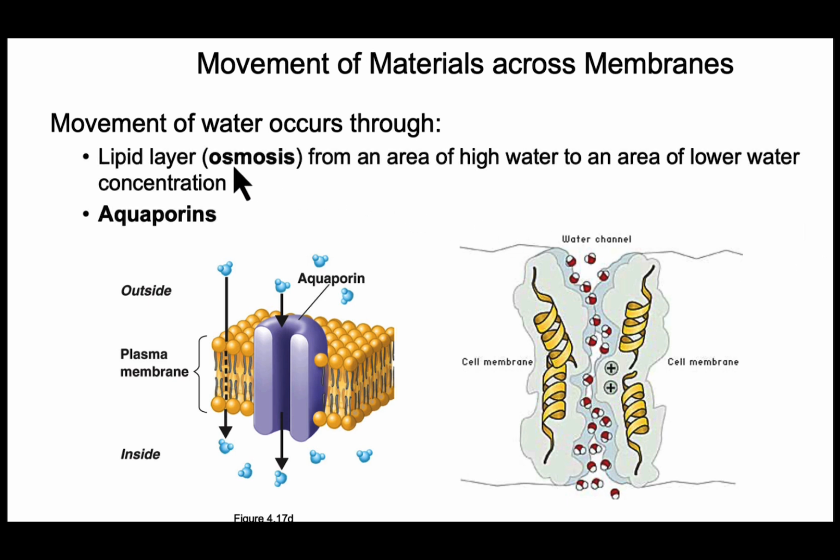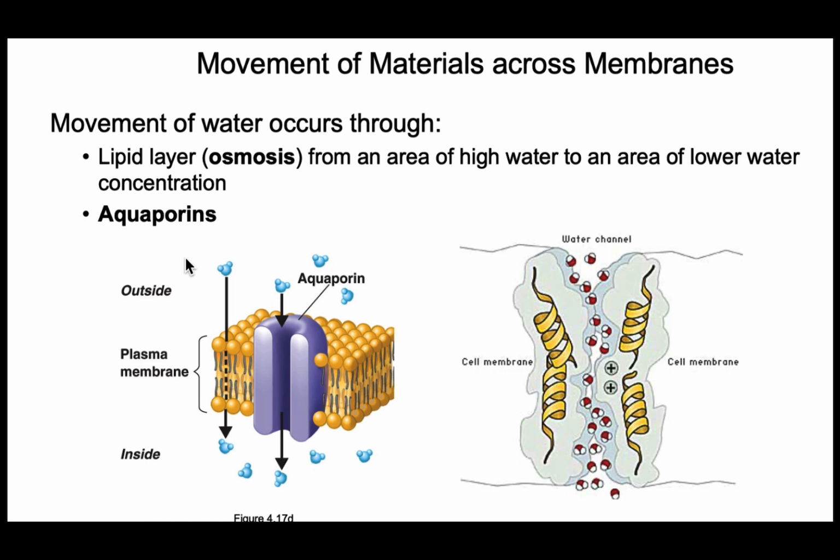Water can also move through channels, but it has to be from the high to the low concentration. It can move two ways. The first way is the one I talked about before, where water can actually get through the membrane. Water can also go through channels called aquaporins. So you have these water molecules, and they can go in.